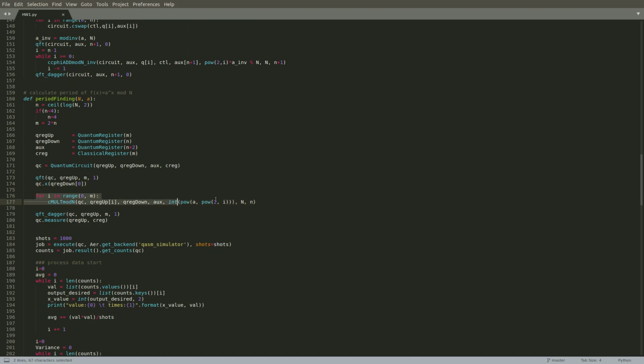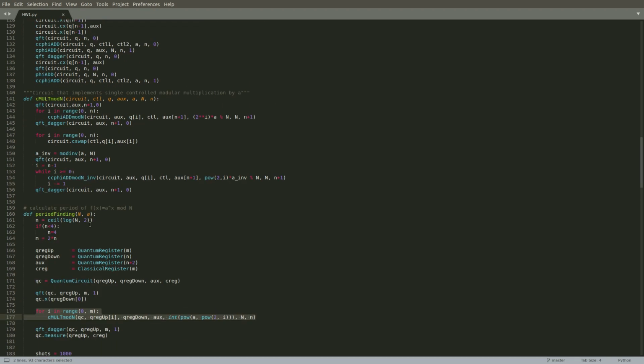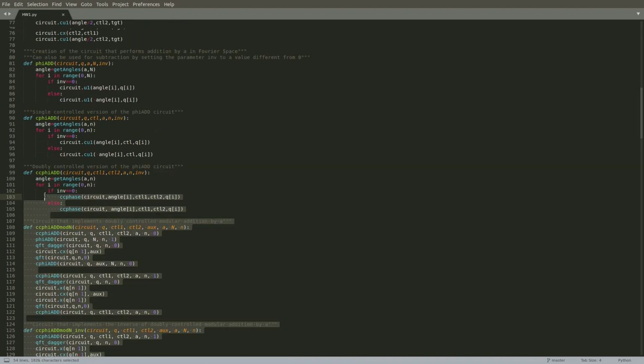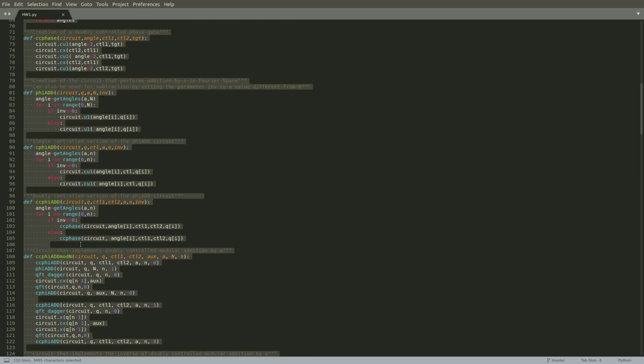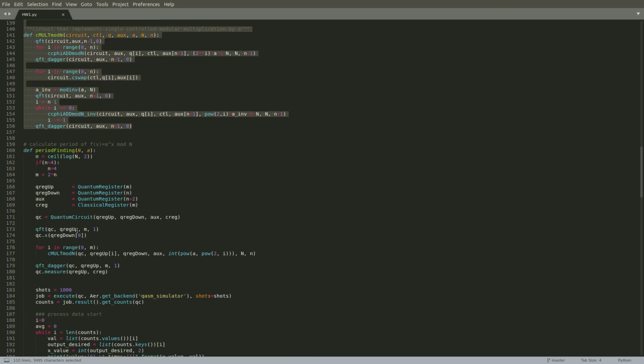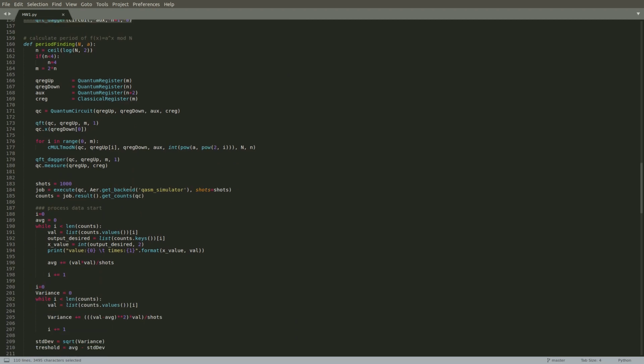I took this block, and I mentioned it in the references. You can see these functions here calculate the modular exponentiation. This is kind of hard to implement in a circuit because it's the general form.